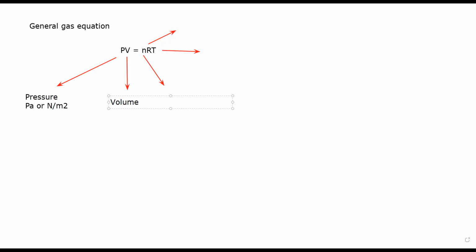The SI unit of volume is meter cube. So that should be in meter cube. n, what is n? n is the moles. And the unit of the mole is mol.